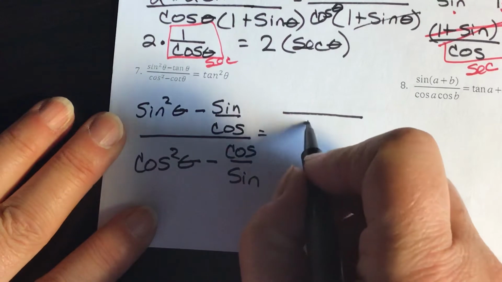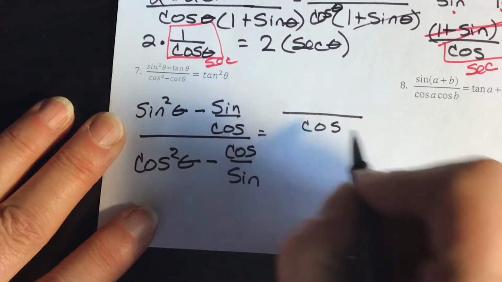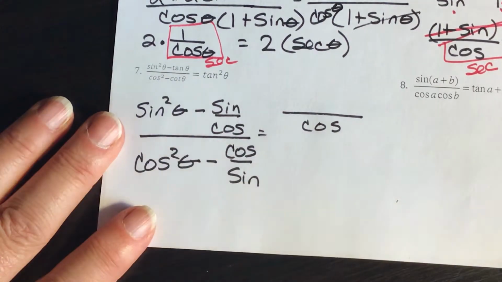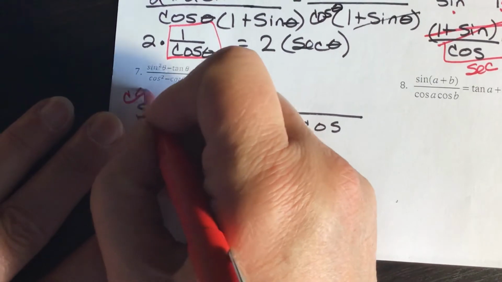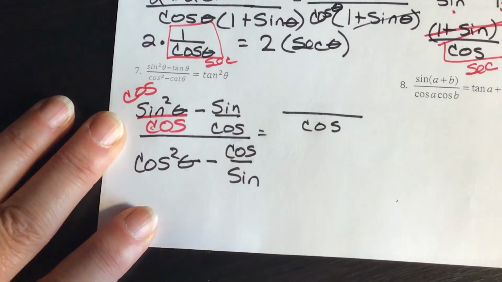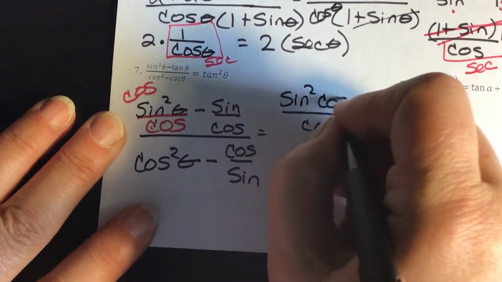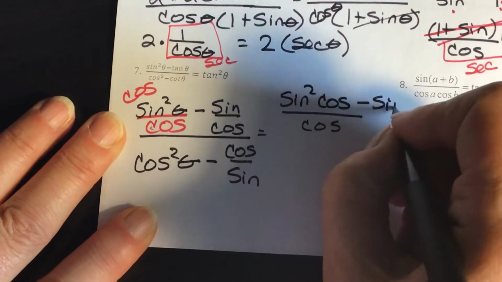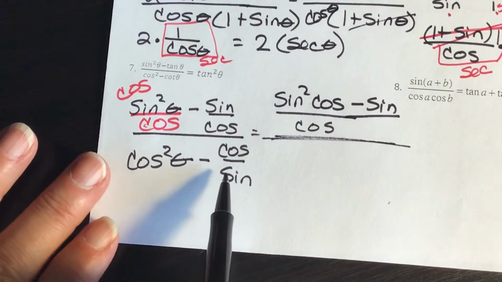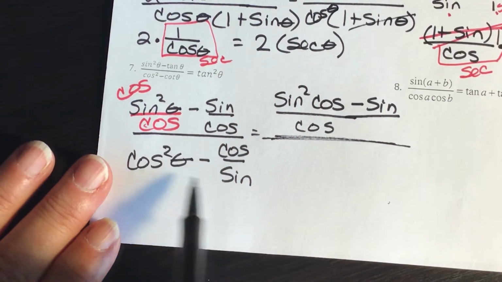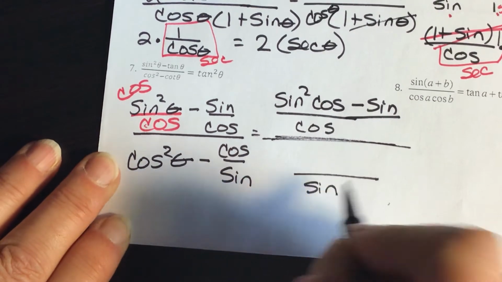So my common denominator on this top fraction is going to be cosine, and to get a cosine here, I need to multiply the top by cosine. So I'll have sine squared cosine minus sine. And then on the denominator, I'm going to have a common denominator of sine.